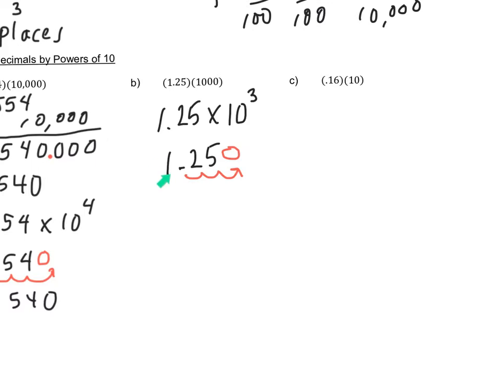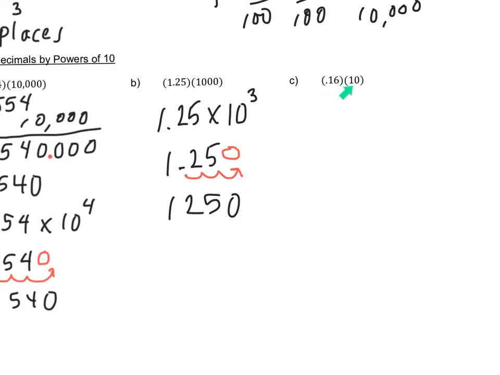So we're starting with 1.25 and moving our decimal 3 places right. 1, 2, 3, so we need to put the 0 in there. So we end up getting a whole number, 1,250. Right. So now 0.16 times 10, we don't really need a power here.